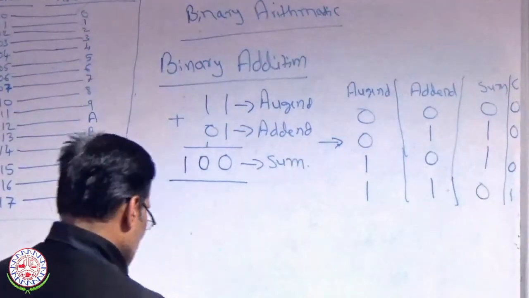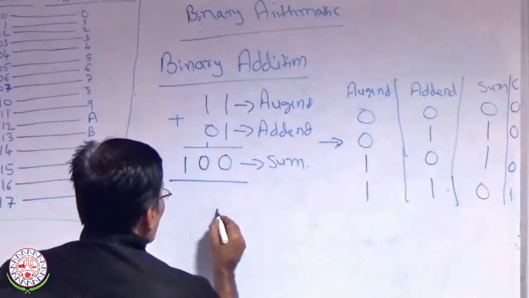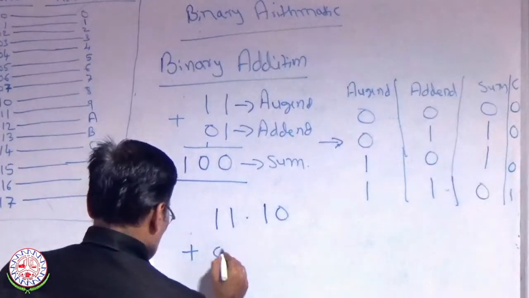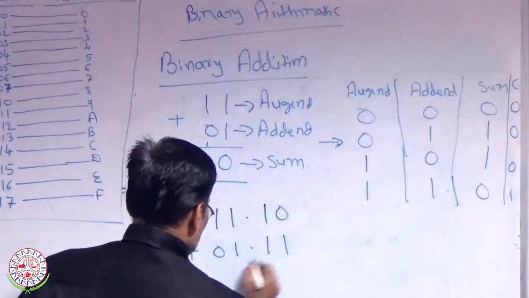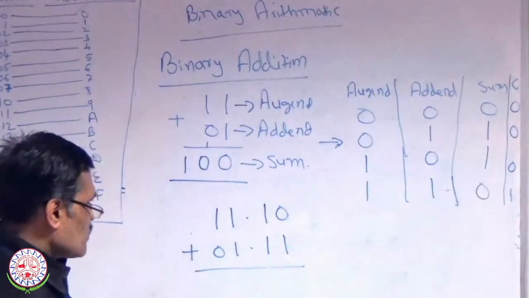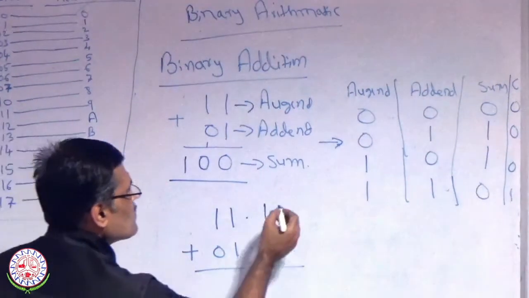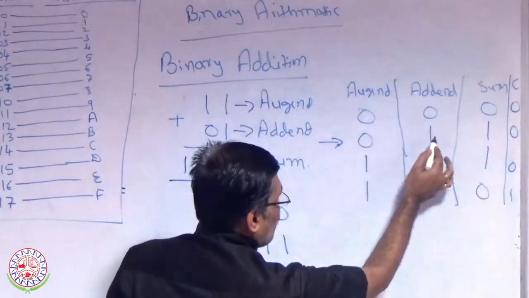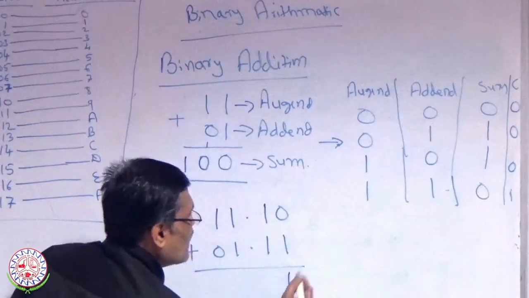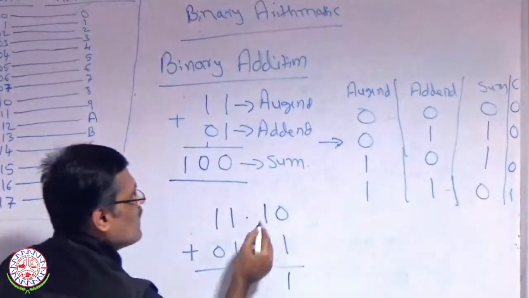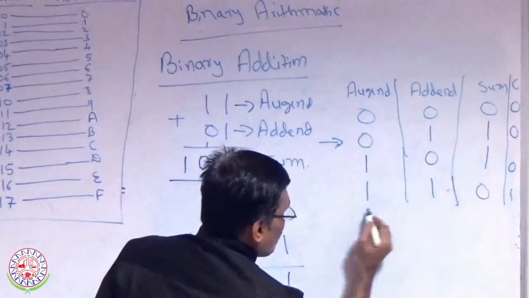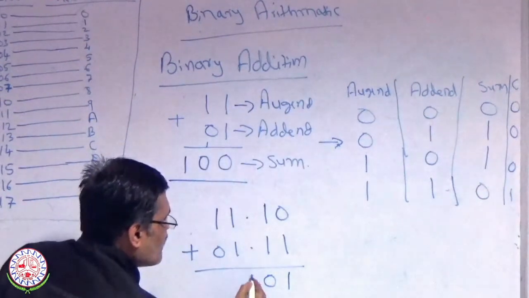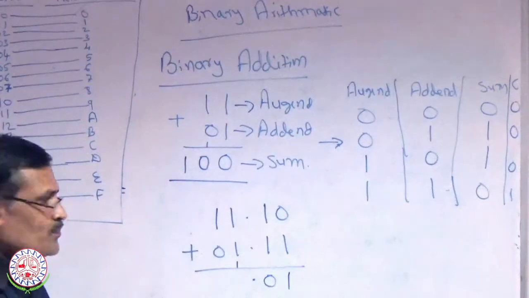Consider one more: 11.10 plus 01.11. Two numbers have been given, with both fractional and integer parts. Let us add these two numbers. 0 plus 1 is 1, the sum is 1 only, no carry is generated. Then 1 and 1, both AUGEND and ADDEND are 1, so the sum is 0 and the carry is 1, which is carried to the next digit.